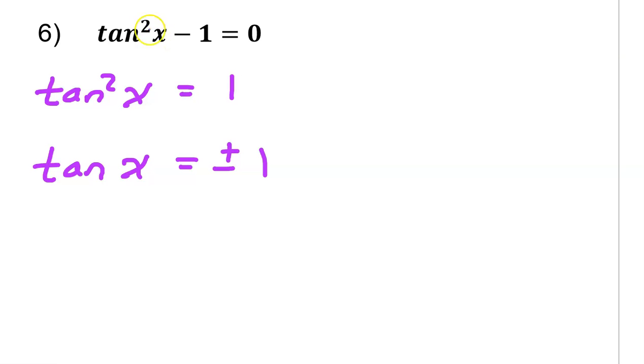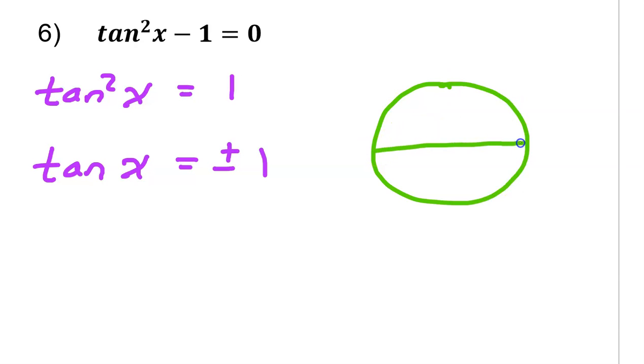Now you should be asking yourself, what is the reference angle? So hopefully you were thinking to yourself, the reference angle is pi over 4. The tangent of what angle is equal to 1? Ignore the plus or minus for now.